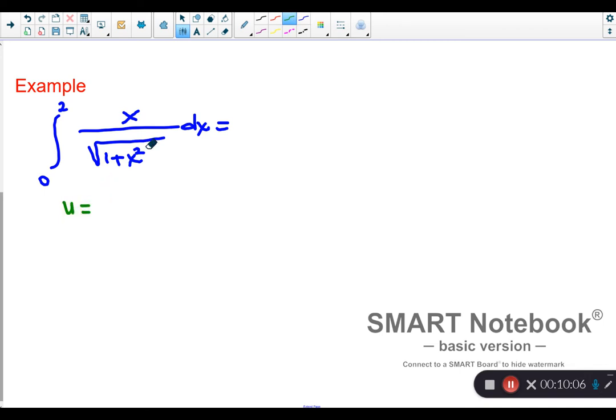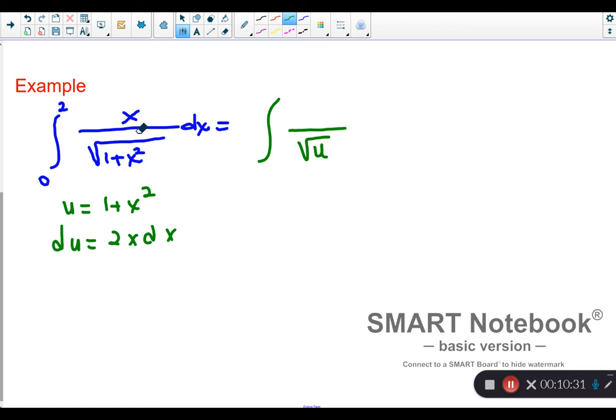So a good choice here is to let u be 1 plus x squared. Then you would write du dx is 2x, so du equals 2x dx. I come back to the original integral, and I notice that the bottom is going to be the square root of u, because 1 plus x squared is u.